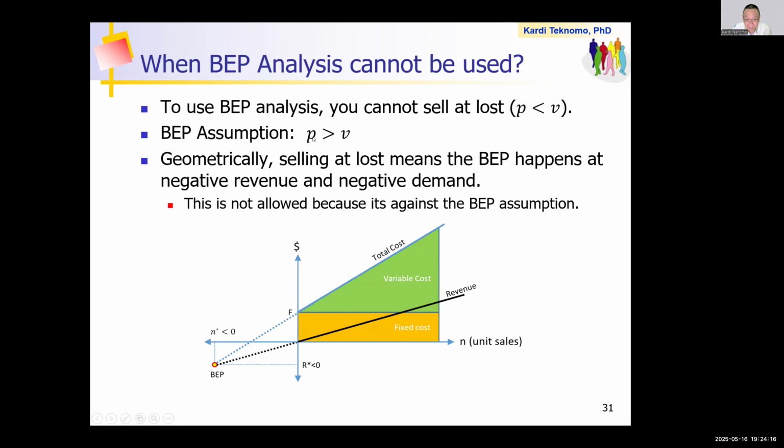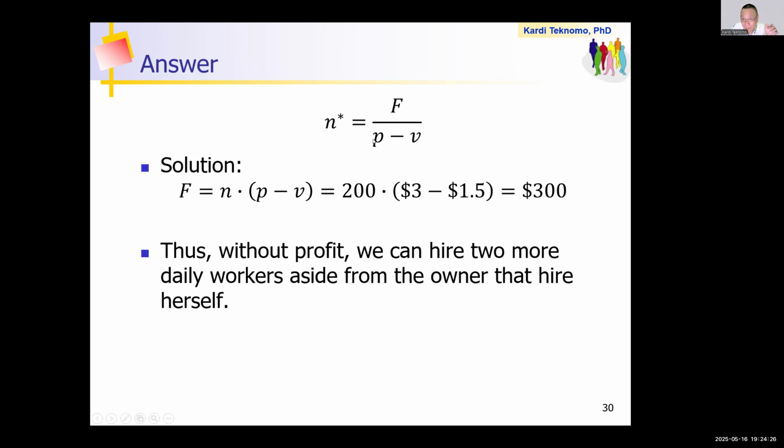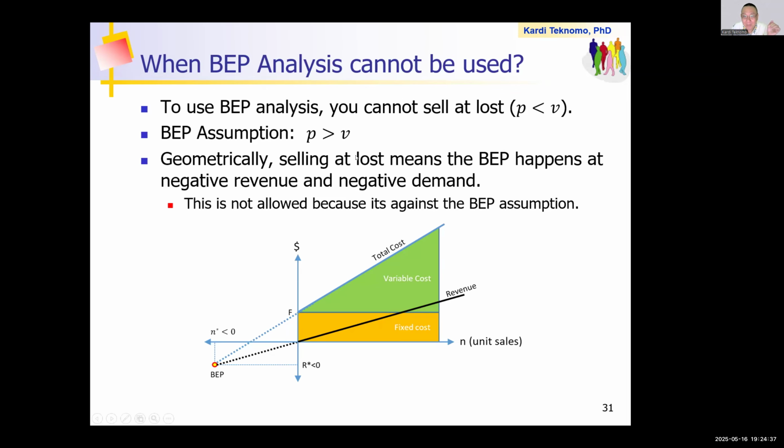The price must be larger than the variable cost, the unit variable cost. You cannot make it equal either, because remember, if you make it equal, this is divided by 0, right? So it must be larger, cannot be equal. That's the assumption here.